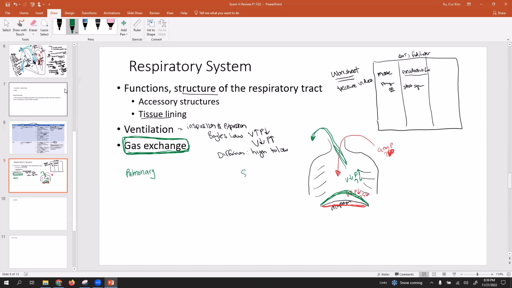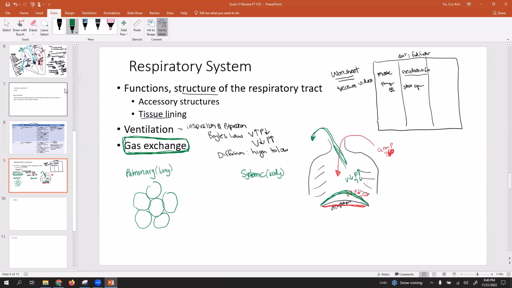You have the pulmonary and you have the systemic. Okay. So we're looking at inside the lungs. Where does gas exchange occur? Alveoli. Exactly. In the alveoli.